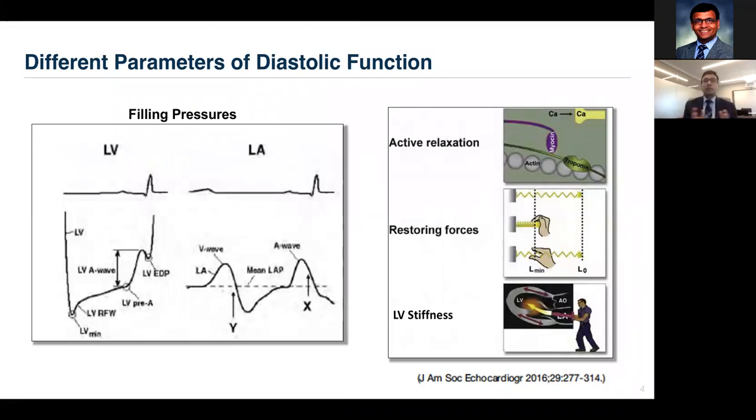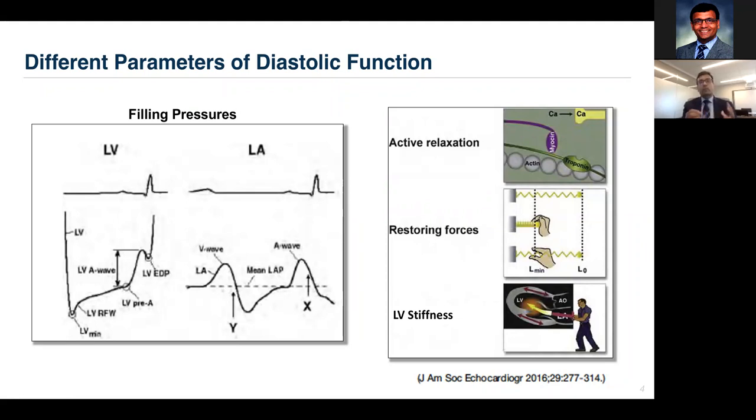So conceptually, the diastole has different phases. There is initial active relaxation, where the myofilaments are relaxing as they are moving away. And there are restoring forces, because the myocardial mechanics involves a twisting motion. And as the untwist of the myocardium happens, there's a recoil, just like a spring recoils back.